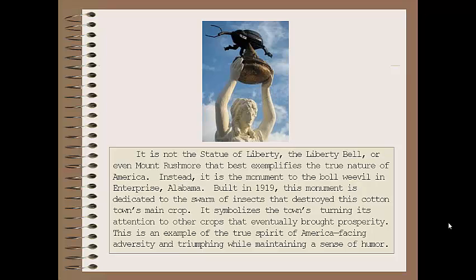It symbolizes the town's turning its attention to other crops that eventually brought prosperity. This is an example of the true spirit of America, facing adversity and triumphing while maintaining a sense of humor. So here we have an example of starting with a startling fact or an unusual opinion.